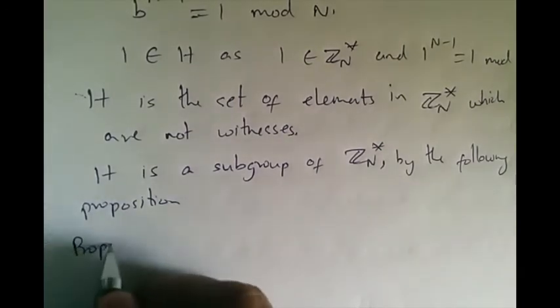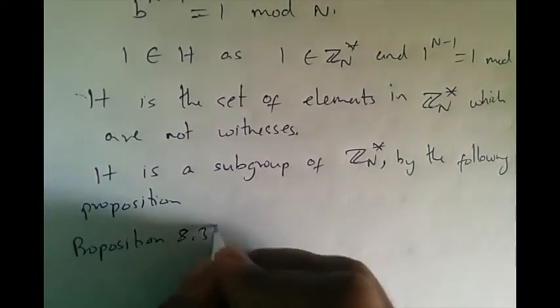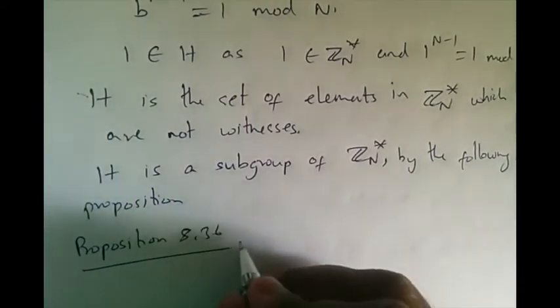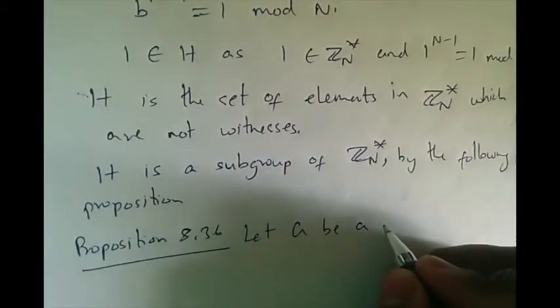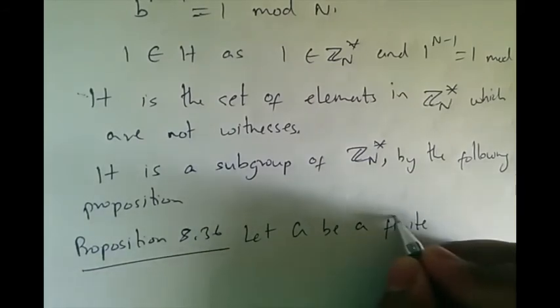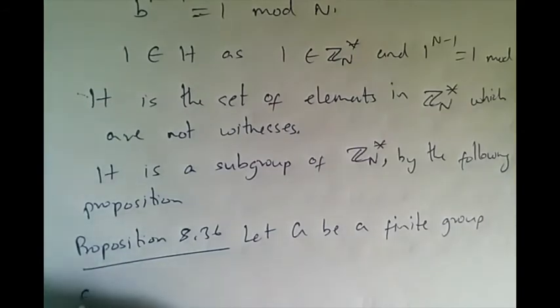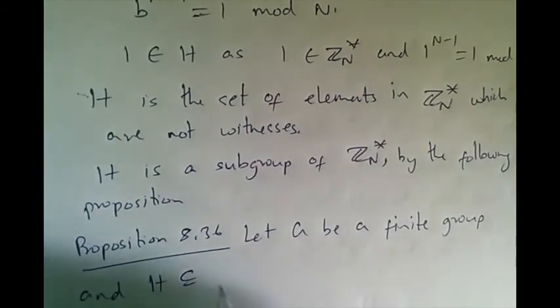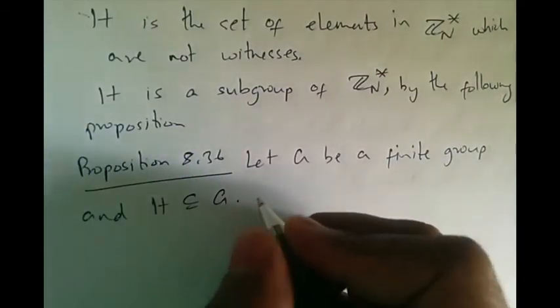The proposition is 8.36. So let G be a finite group and H a subset of G.